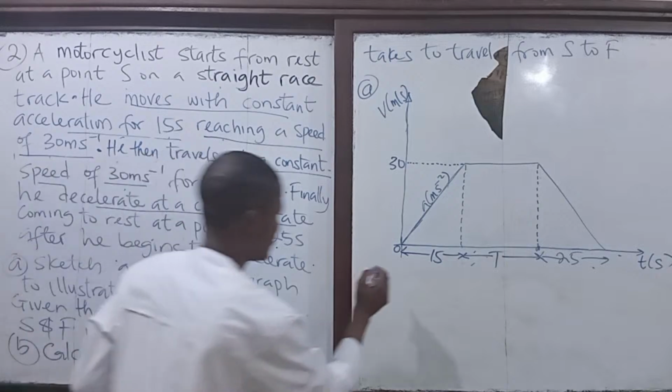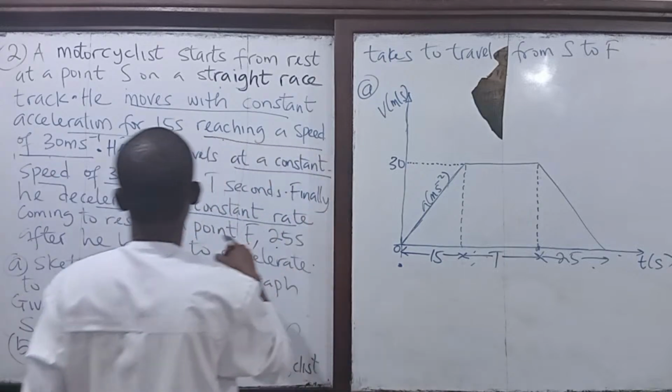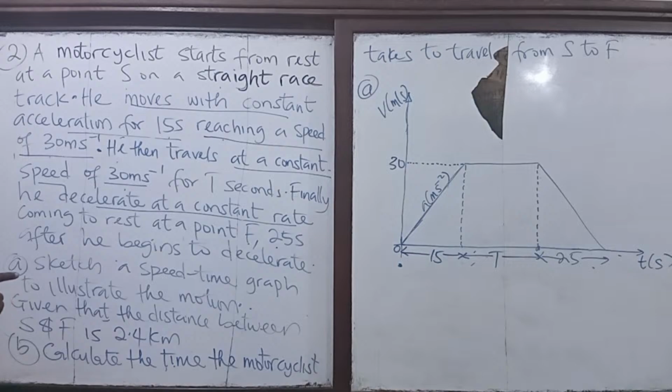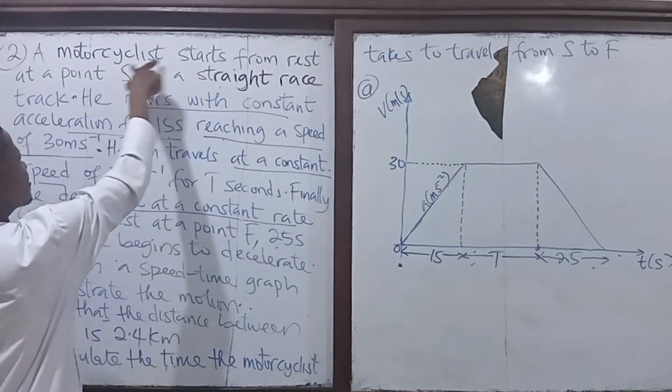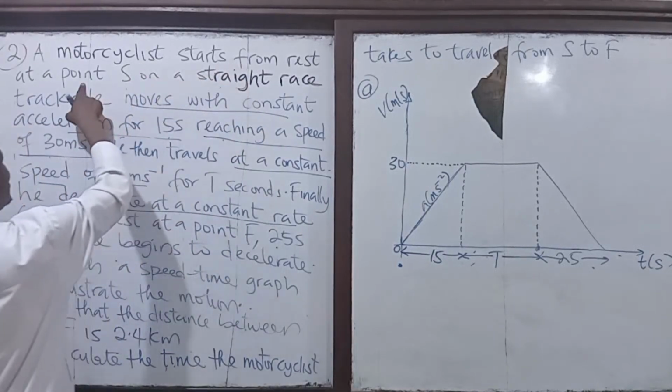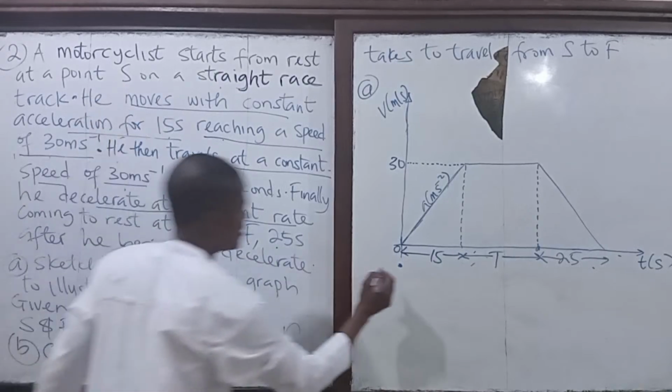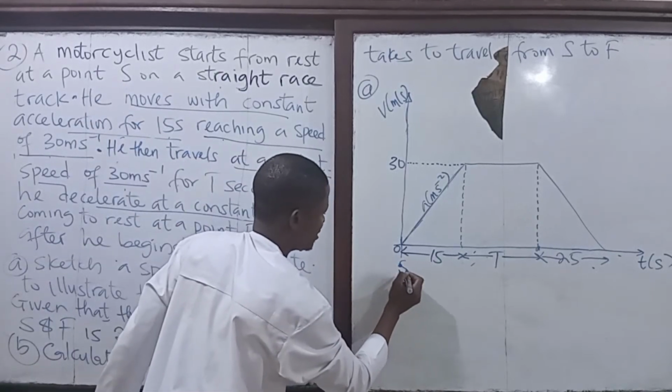If you check the question, we are told that the motorcyclist starts from rest at a point X. So this is the point X, that's the starting point.